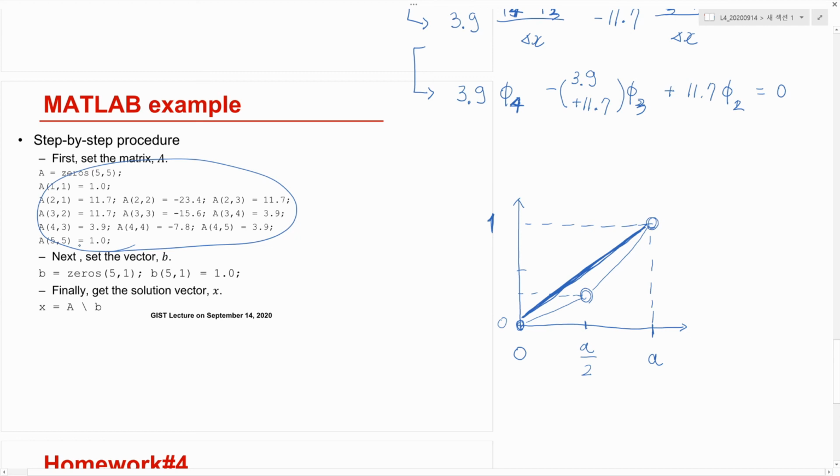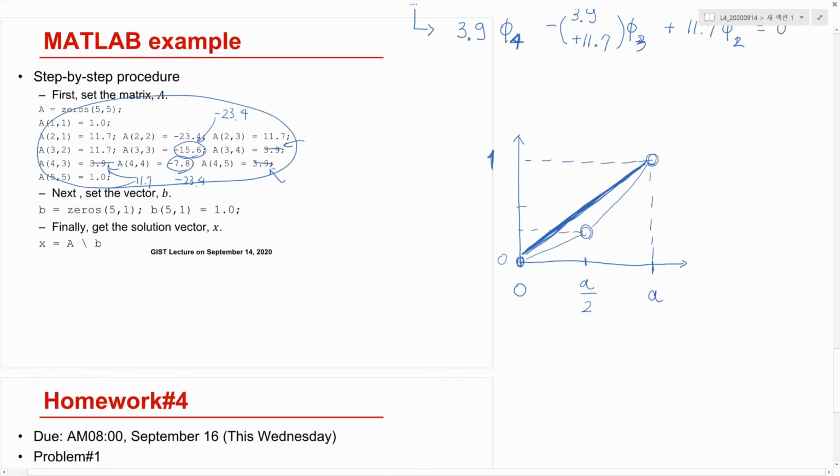I strongly recommend you to just insert 11.7 for all cases, like 11.7, and this one becomes just minus 23.4 and minus 23.4. Then you will get exactly a straight line over the entire domain. It is up to you, and please do your exercise.